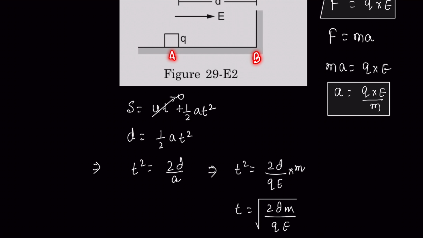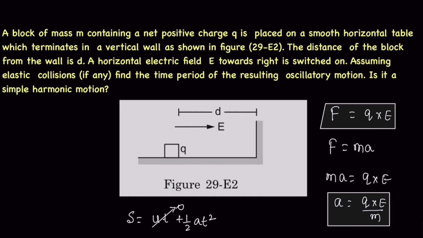Now the body has to come back to the initial position. So what is the time from B to A? According to the question, the body is following an elastic collision. Elastic collision means this wall is not going to move anywhere; it will remain at rest, so the initial velocity of the wall is equal to 0.